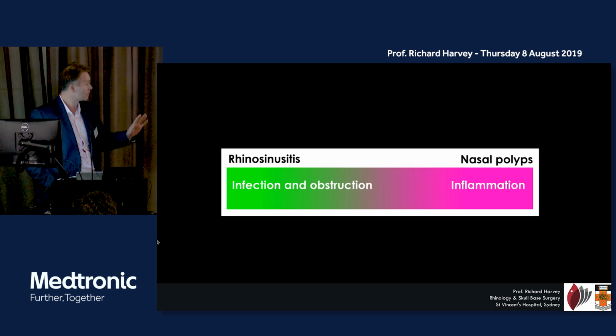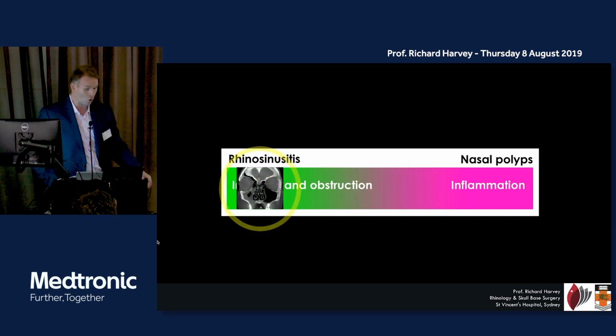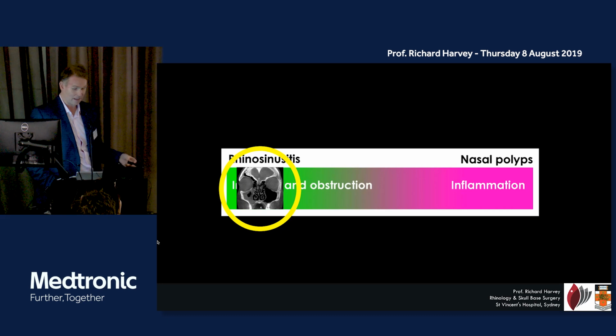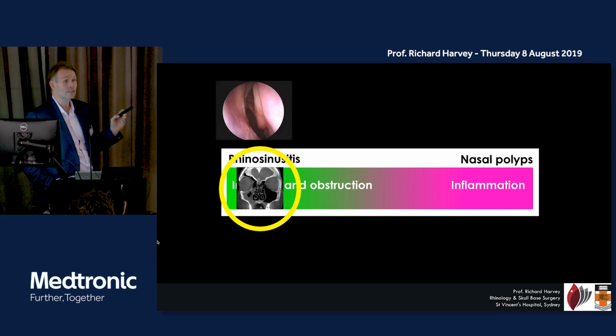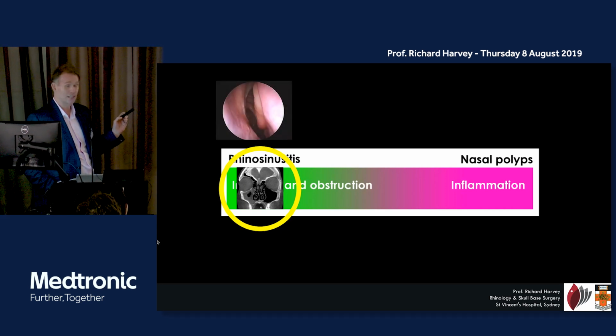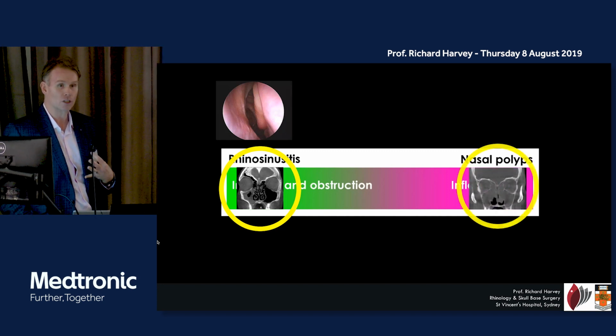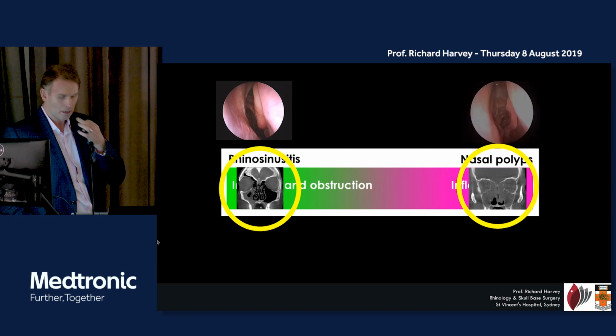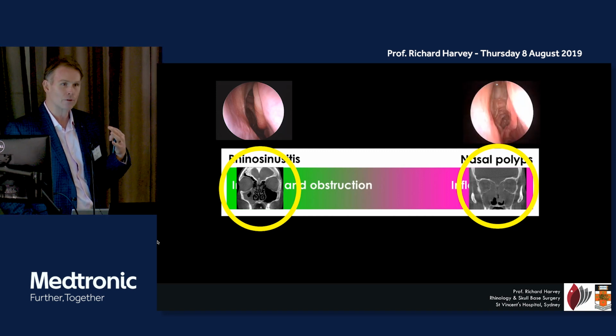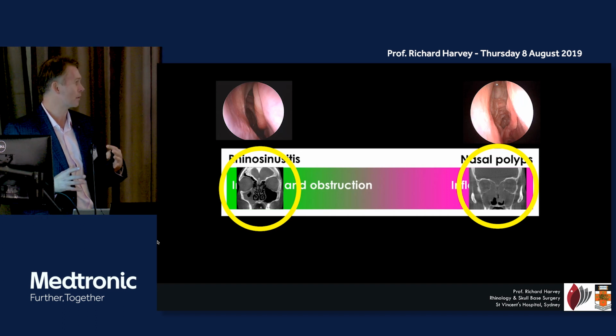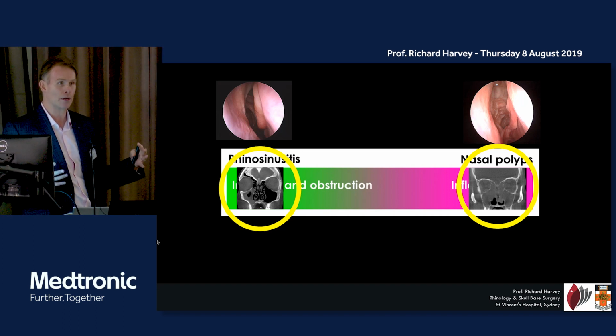We understand that there are some people who sit on this end of the spectrum, which we call chronic sinus disease, and we do very simple, isolated, anatomically discrete procedures for them. But on this end of the spectrum, where people have diffuse changes, they don't have to look as bad as this. We do a different type of surgery where, as Aries discussed, it's about creating a simple open cavity that we can then treat medically.